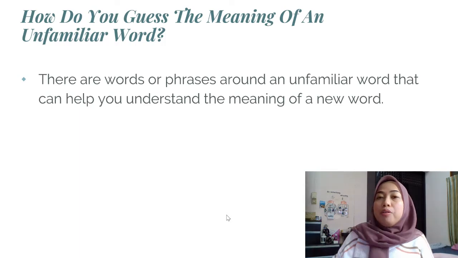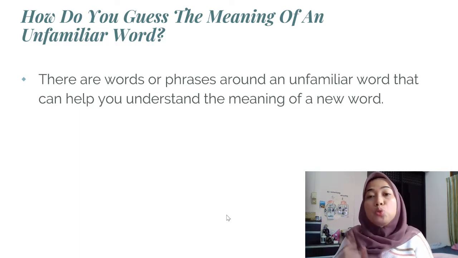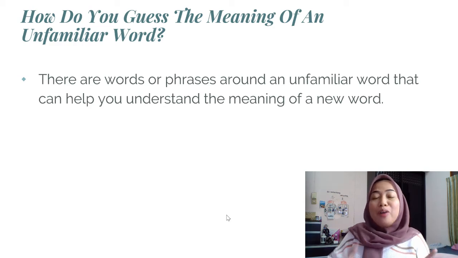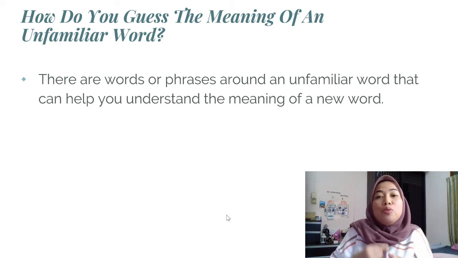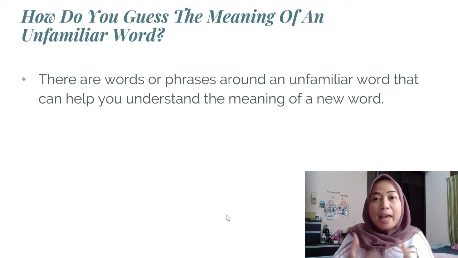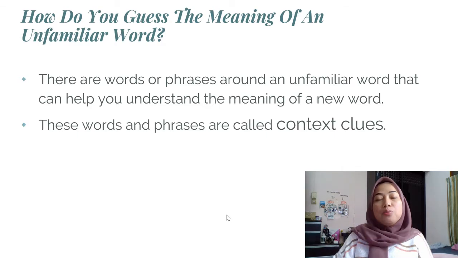By knowing context clues, you will be able to understand a few clues that might help you know the meaning of the word that you don't know. These are what we call context clues.